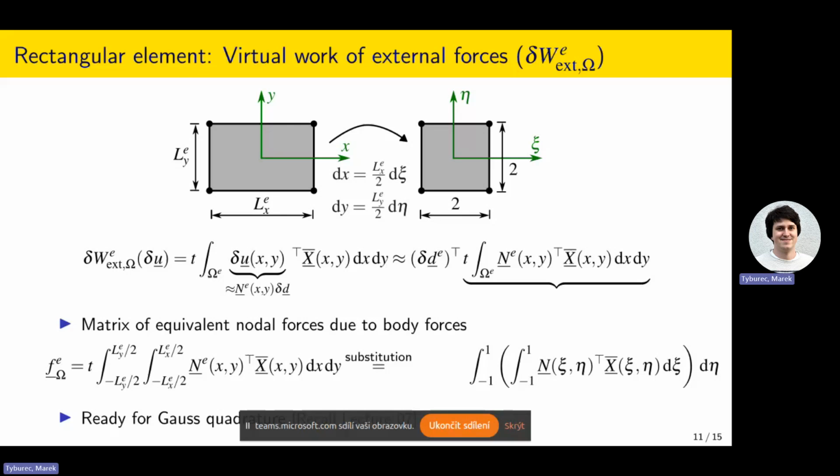And now, for the guy here, we can try to somehow evaluate it in a matrix form.